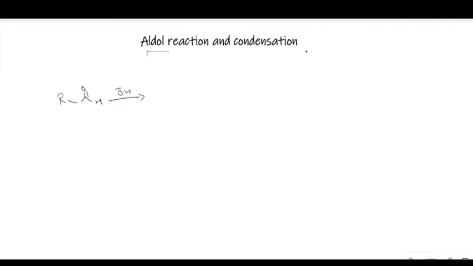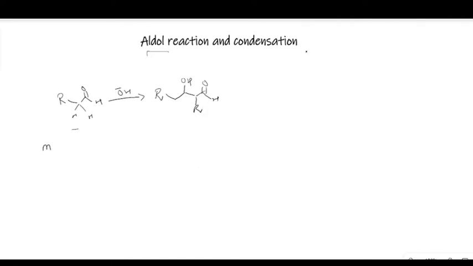You can see that this aldehyde does have this alpha carbon, which is a CH2 of course, and it does have these two alpha hydrogens, which means that this aldehyde is enolizable. The product that it will give will look like this. So this is the aldol addition product of this aldehyde.